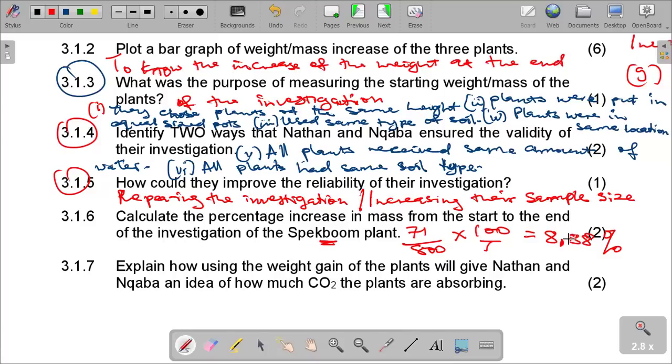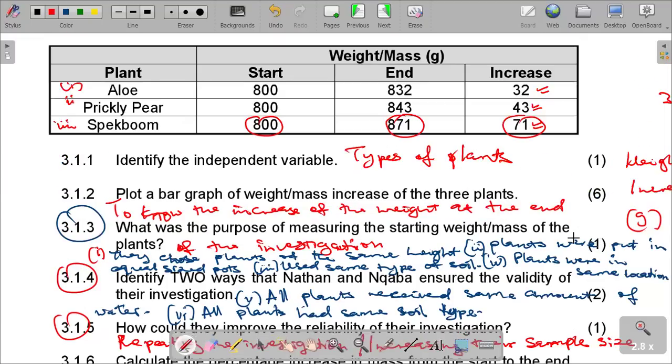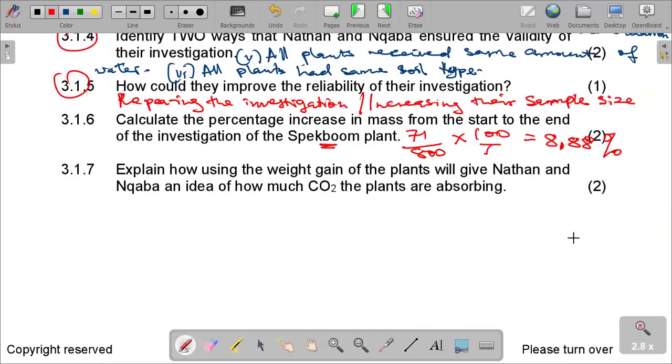So our increase was 71 grams over the initial, which was 800. 71 over 800 multiplied by 100, we get 8.8%. That is our answer in that respect.